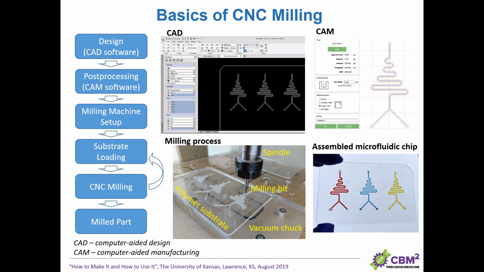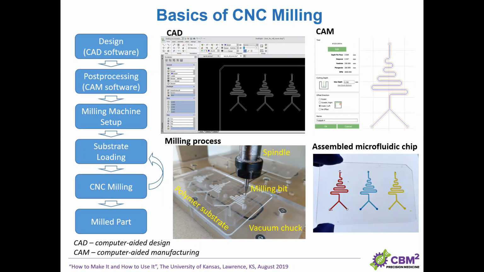So we're starting with the idea, then we make a design in some kind of CAD software, right? Then we have to post-process it using CAM software, which means we're telling the machine how to recognize the structures that we drew in CAD. So how to make it, in milling, for example, what type of bit to use, how deep to cut, what are the speeds and feeds of the tooling.